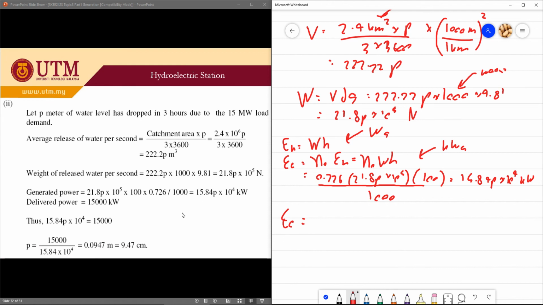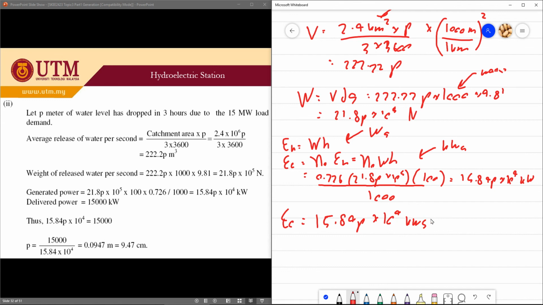So you can see here, kilowatt second is equal to 15.84 multiplied by 10^4 kilowatt, this one in second.